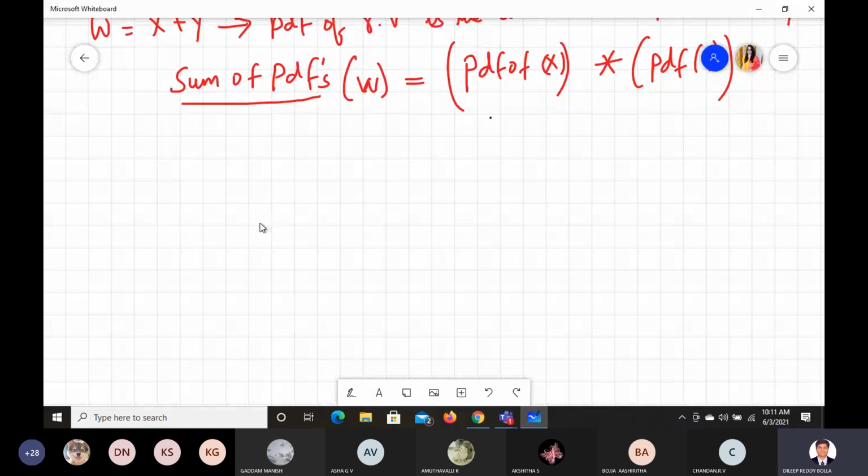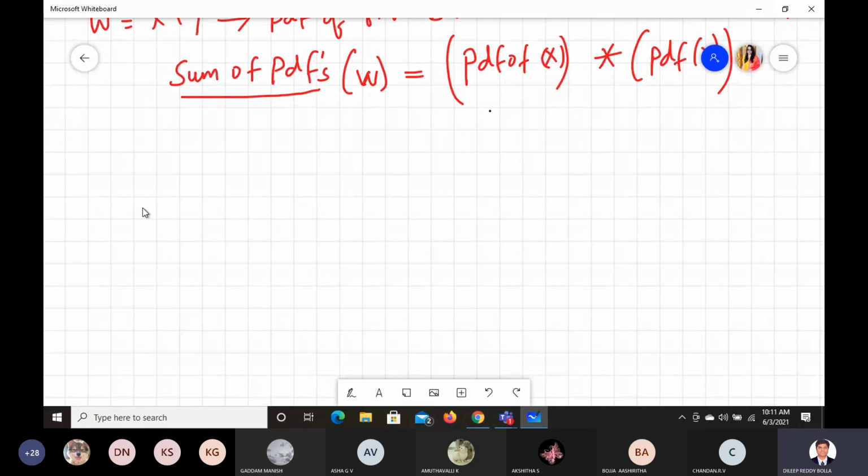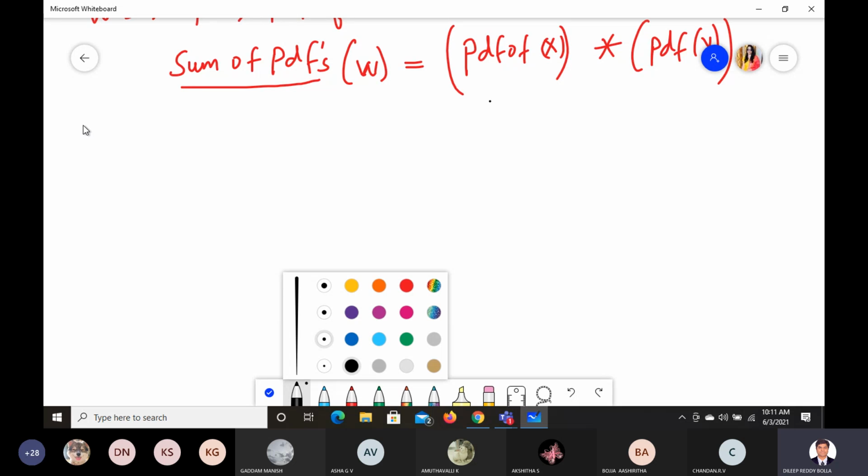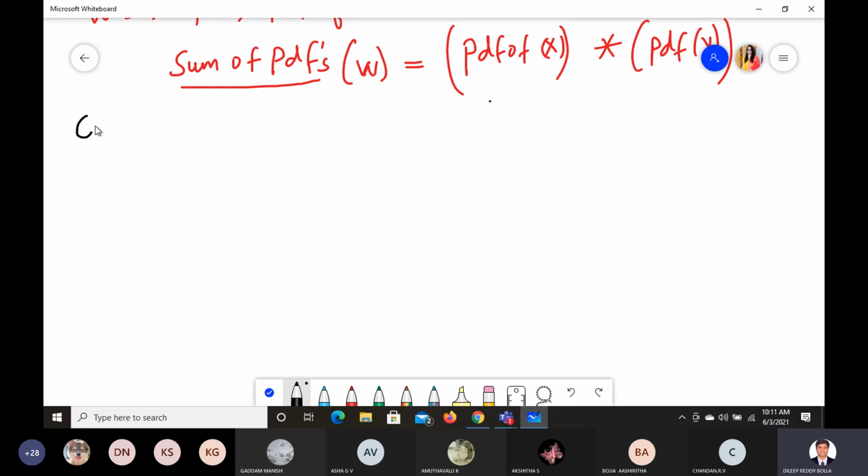So now we are going to do the characteristic function. We are discussing the same topic, the characteristic function.